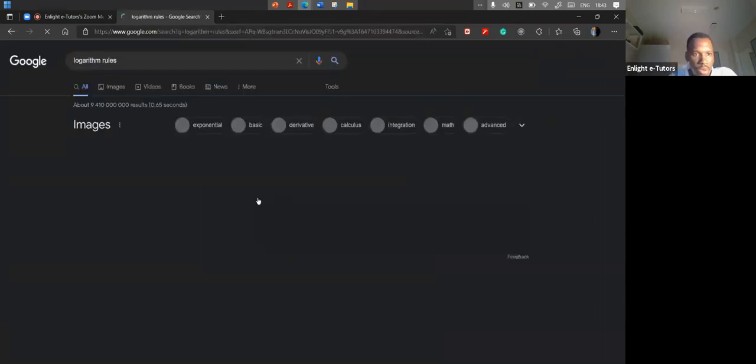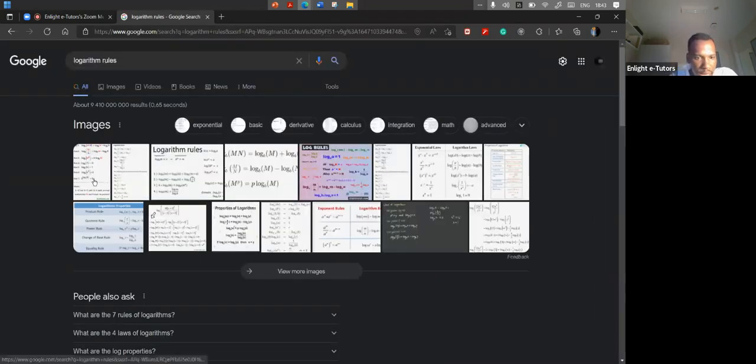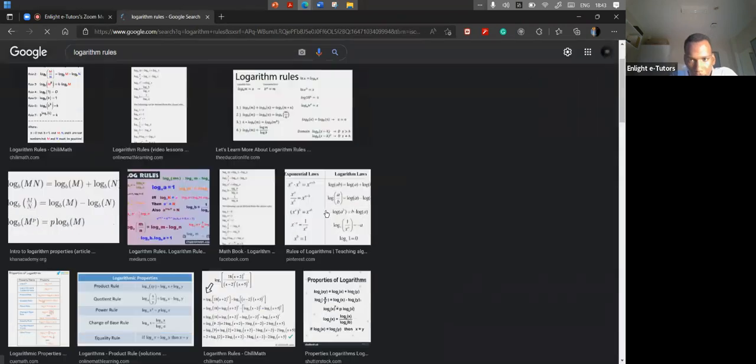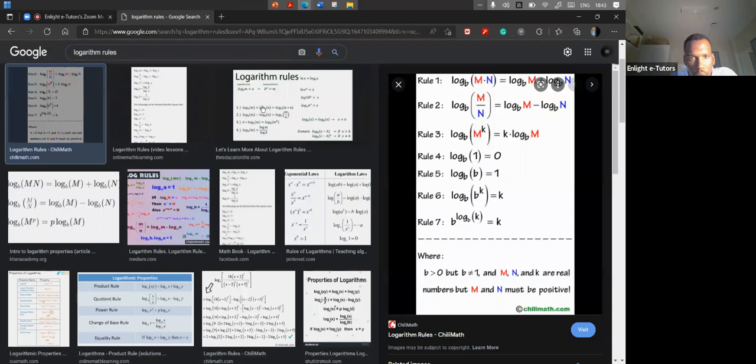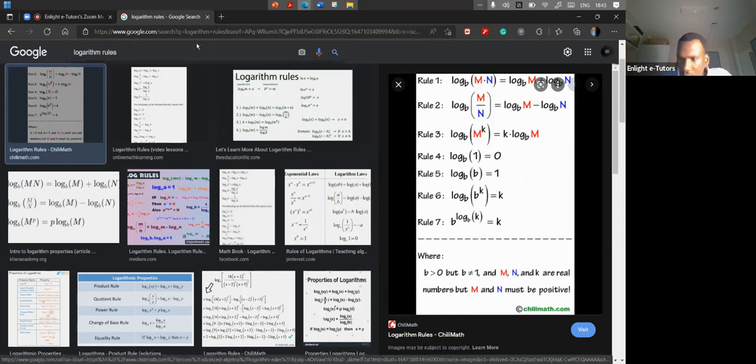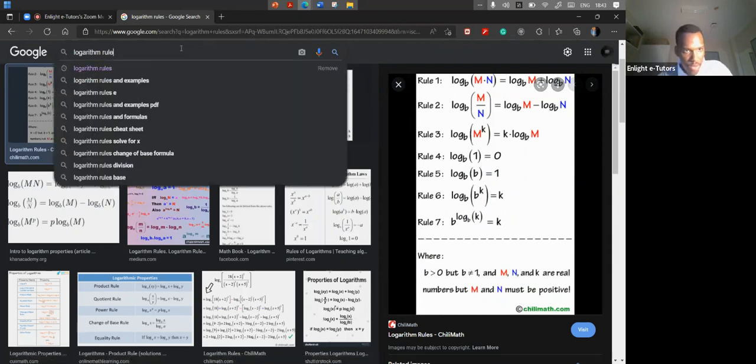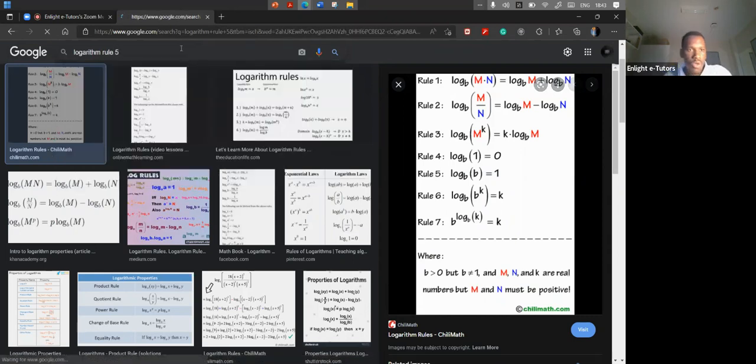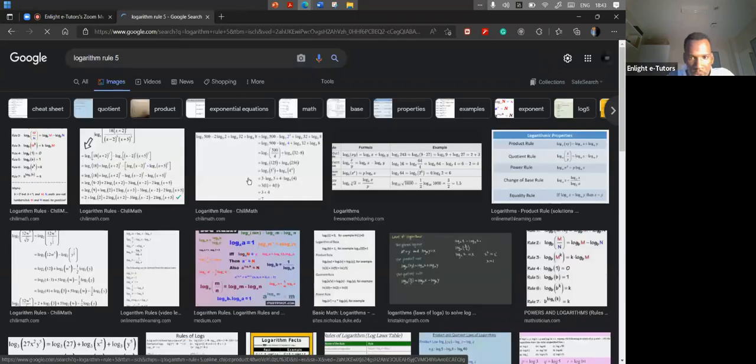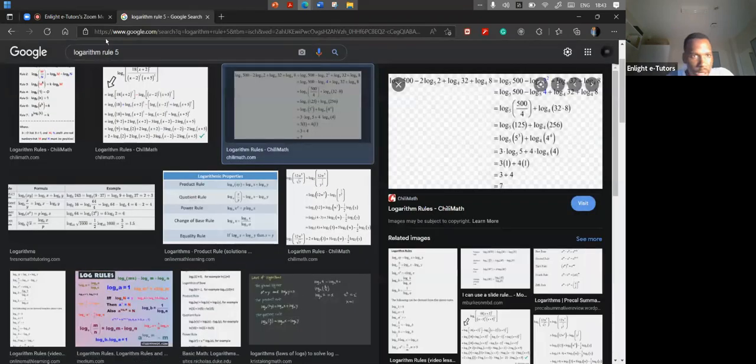So I want to show you how you take the other thing to the other one. Okay, I think it's rule 5. Just want to show you what I mean, because you can work it out actually.